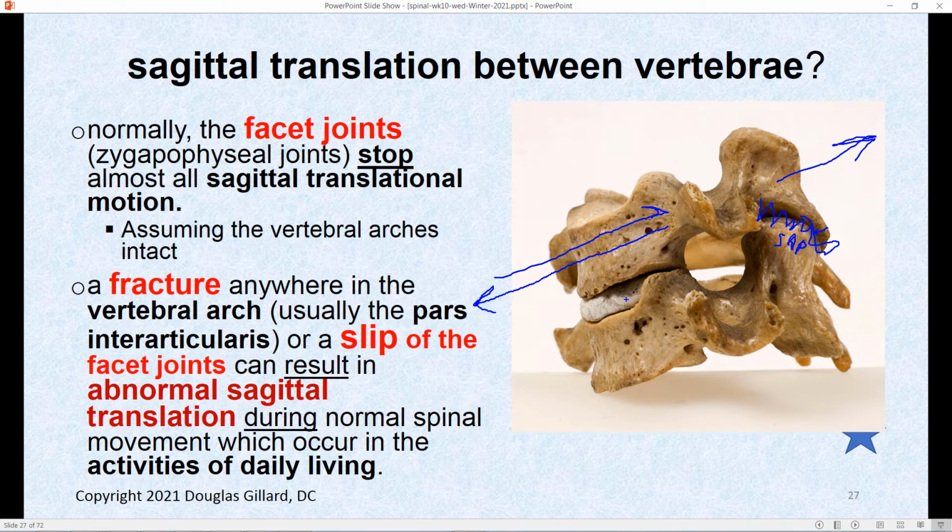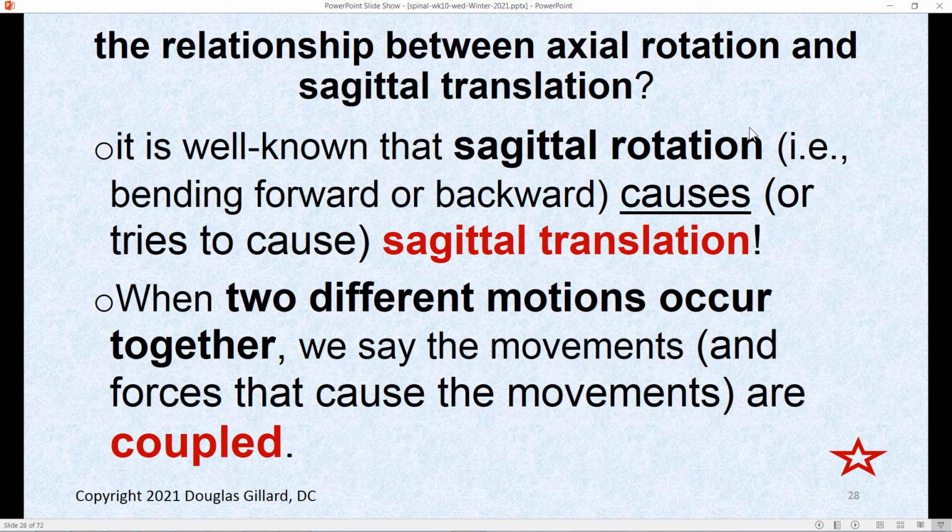It can also irritate the disc, if you have a rip in the disc here. Those are things we look for by doing a flexion extension. In this case, we'd order a cervical flexion extension study to look for any type of anterior or posterior sagittal translation. Everybody got that? It's a very important concept. You'll take that with you for the rest of your careers.